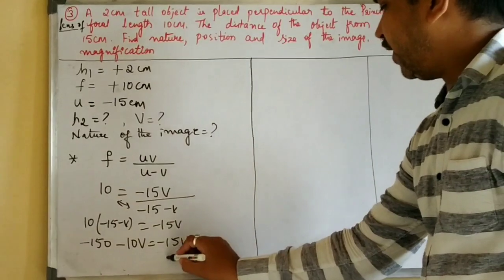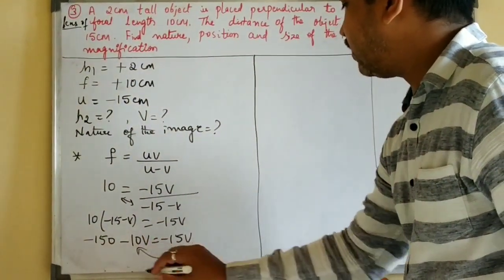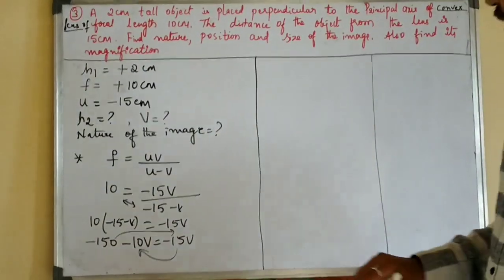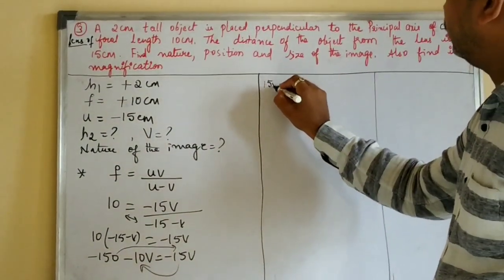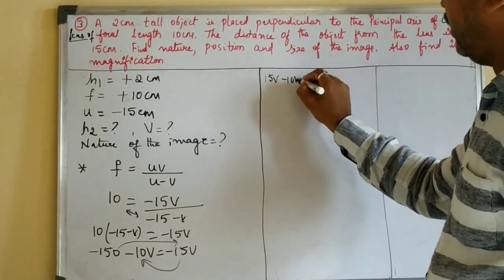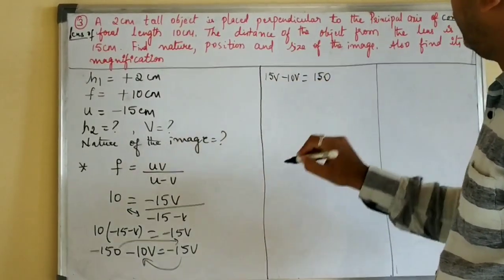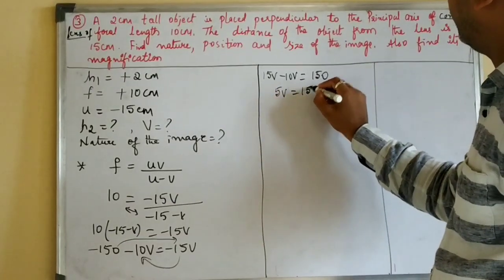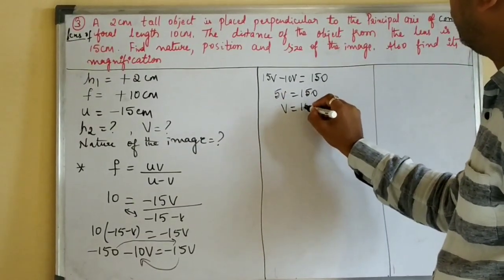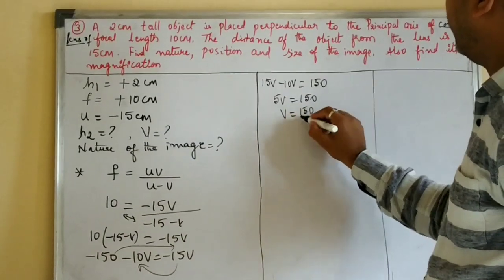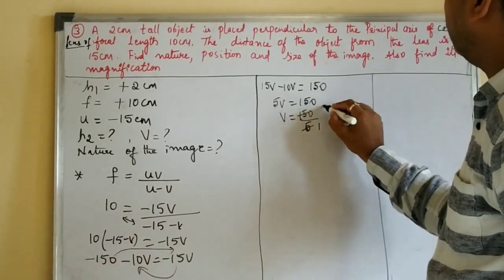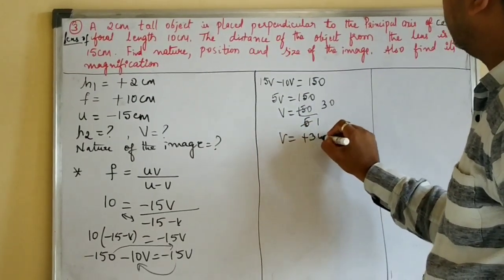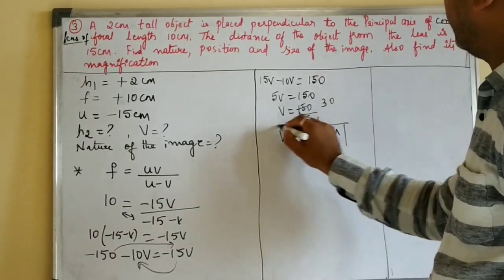Bring this minus 15v towards the left hand side and move this 150 towards the right hand side. You will get 15v minus 10v is equal to 150, or 5v is equal to 150, or v is equal to 150 divided by 5. 5 threes are 15. V is equal to plus 30 centimeter.